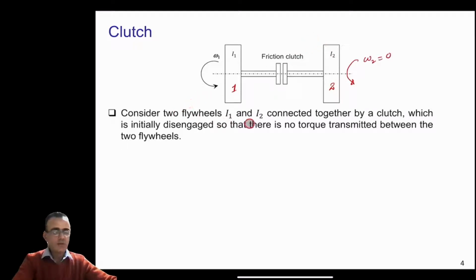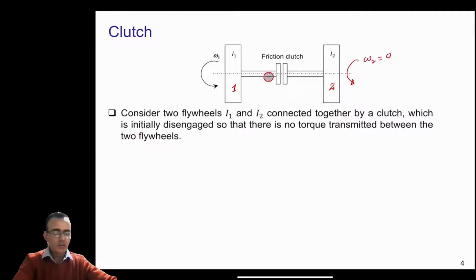If you consider two flywheels, I1 and I2, connected together by a clutch, which is this clutch here, and which is initially disengaged, then if the clutch is disengaged, these are just two friction wheels. If you connect these together, there will be some friction, and the torque will be transmitted from this part to this part here.